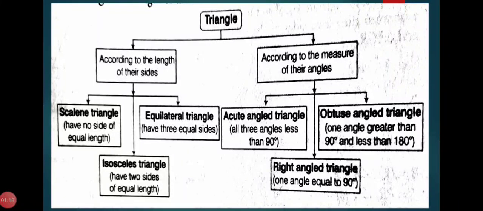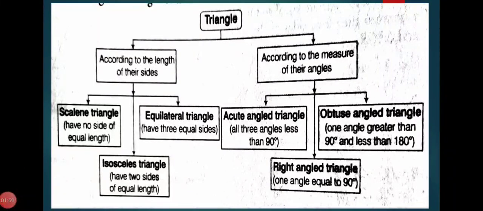Similarly, according to the measure of the angles, the 3 different types of triangles are: acute angle triangle, in which all the 3 angles are less than 90 degrees. Then obtuse angle triangle, a triangle which has one angle greater than 90 degrees and less than 180.